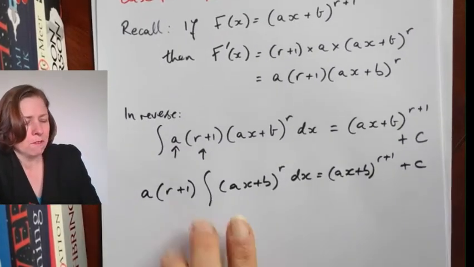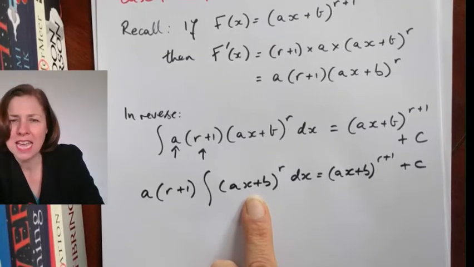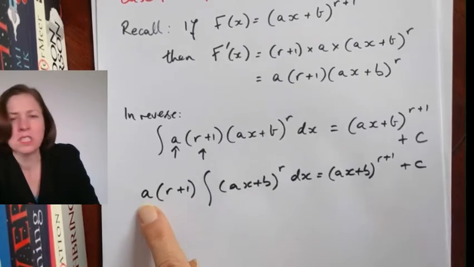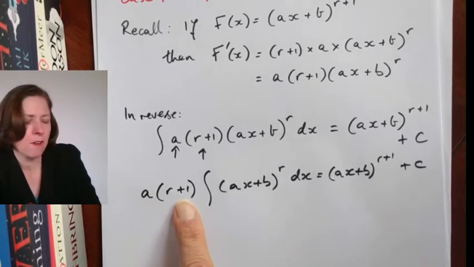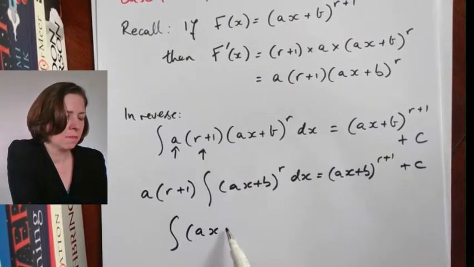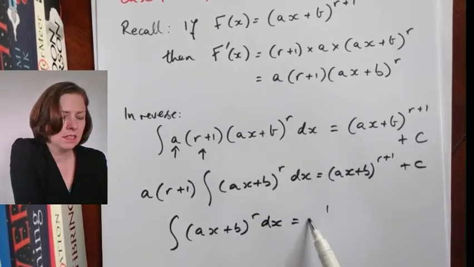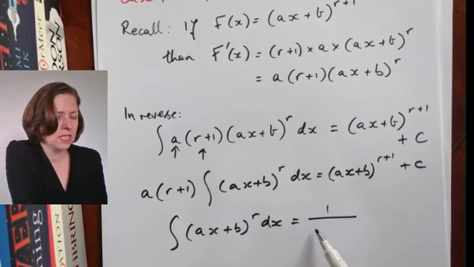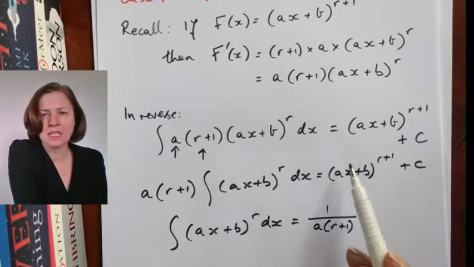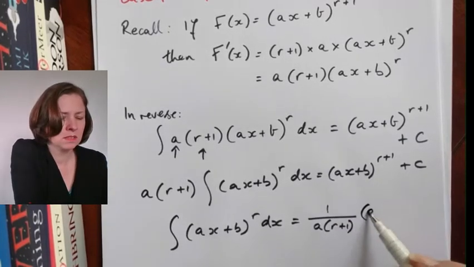But I'm not looking for this entire thing. What I want to know is, what is the antiderivative of ax plus b to the power of r? So what I'm going to do now is simply divide both sides of the equation by this constant factor. So I end up on the left-hand side with the integral of ax plus b to the power of r dx, and on the right-hand side, I divide by the constant, which is a times r plus 1, and then I still keep this part of the right-hand side, ax plus b to the power of r plus 1.